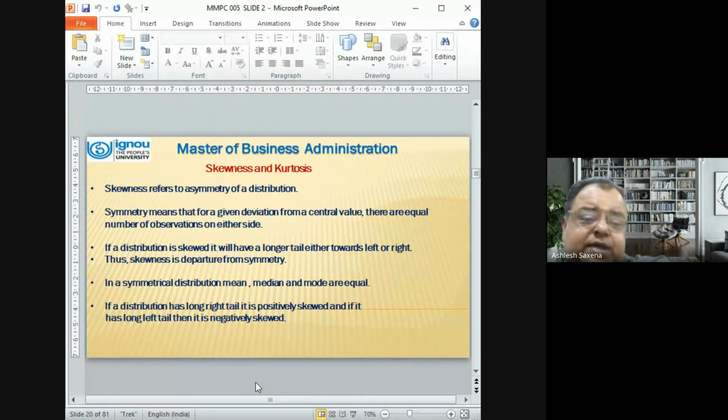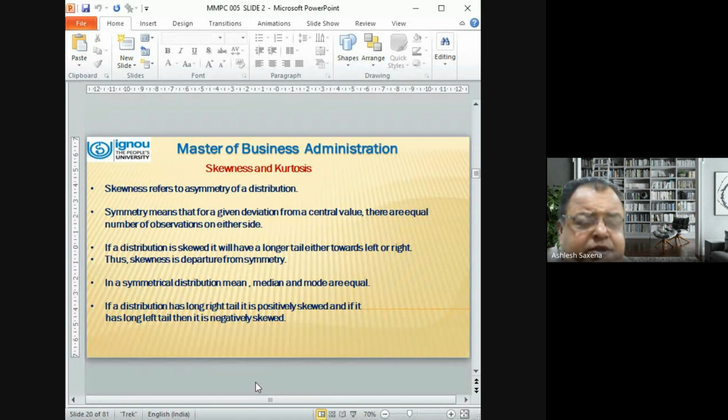Now, this skewness and kurtosis. The thing is where it is used and why it is used. For getting to the conclusion, to understand the relation between mean, mode, and median, we calculate skewness and kurtosis. Or, in other words, we are studying the symmetry of the distribution.